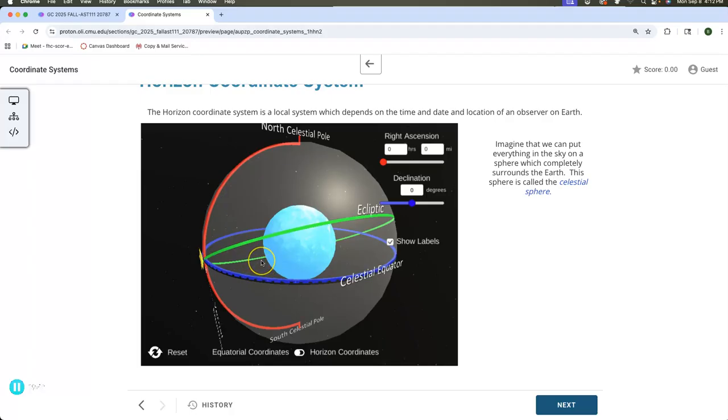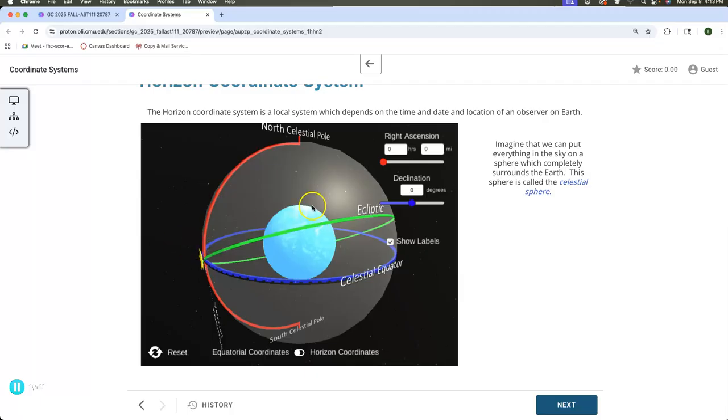And therefore, the sun appears from our point of view to be in front of different stars, in front of different constellations over the course of the year. And the ecliptic is the path that the sun takes. Essentially, the ecliptic is the path that the sun takes going in front of these stars over the course of 1 year from the Earth's point of view.